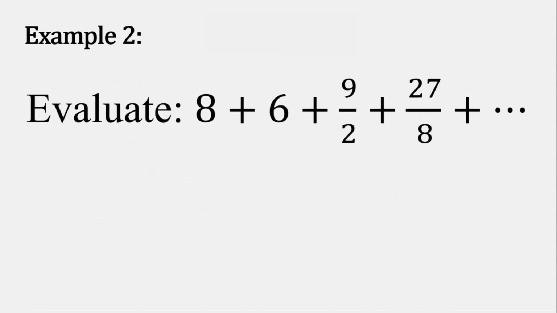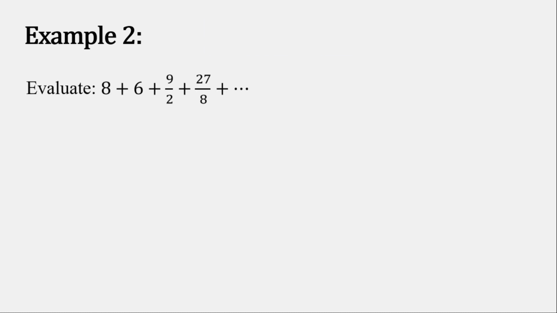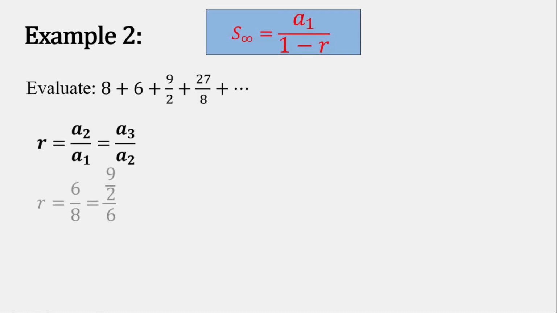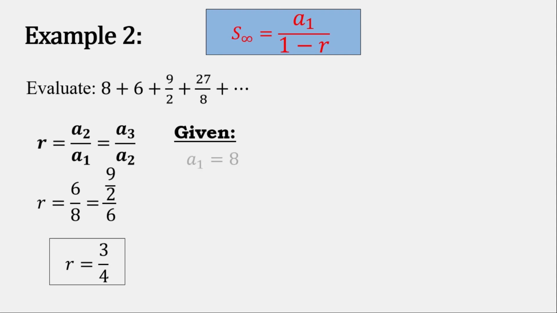Number 2, evaluate 8 plus 6 plus 9 over 2 plus 27 over 8. Again, first let's find the common ratio. 6 divided by 8 is 6 over 8. Simplifying, we have 3 over 4. Since 3 over 4 is between -1 and 1, we can use this formula.